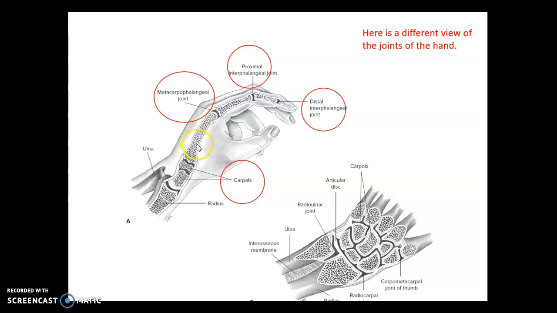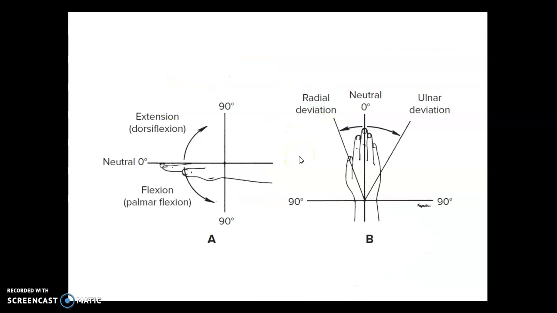So carpals, metacarpals, proximal phalange, middle phalange, distal phalange. This is a metacarpal phalangeal joint in between the metacarpals and the proximal phalange. This is a proximal phalangeal joint and a distal phalangeal joint, which separates the 2 other phalanges. Got it? A lot of phalanges, I'm sorry.